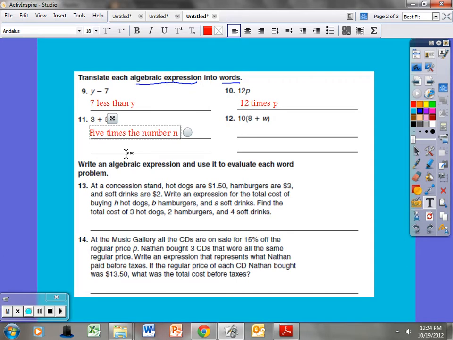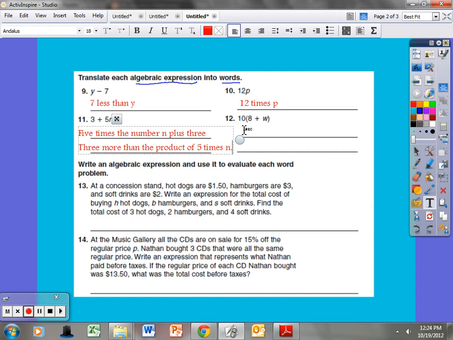I'm going to say it's n, plus 3. Or could I say 3 more than the product of 5 and n, or 5 times n. Either one of those would work, because multiplication and addition are commutative.